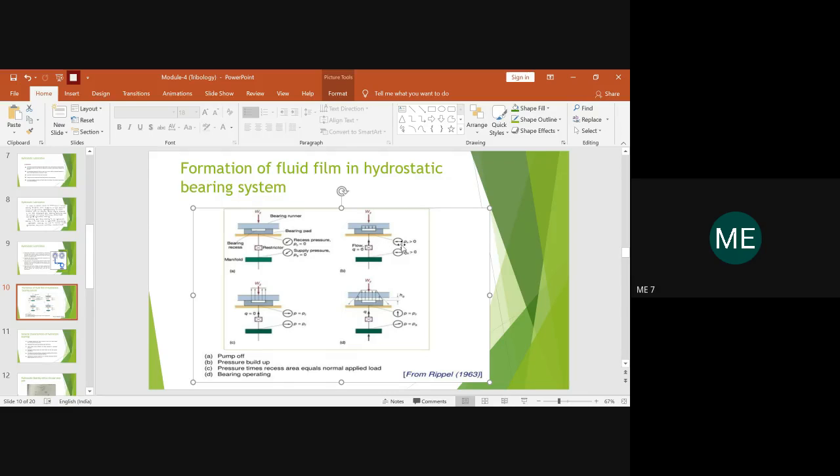Due to this pressure, even across the recess, the bearing recess, the white one, the pressure will go high; it will be greater than 0, right? And this pressure which is developed here should be equal to that of the load distribution which is coming from the top end.